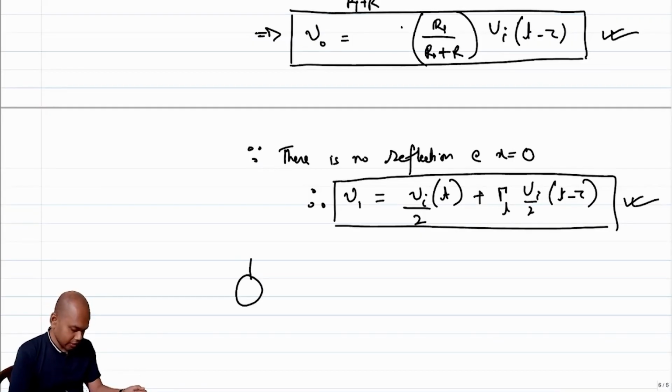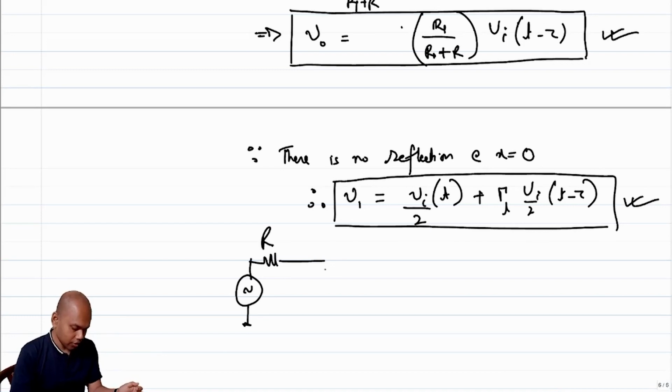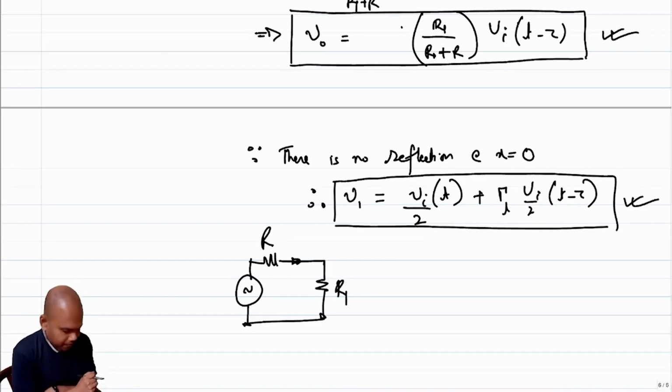The sanity check is, let's assume this is a line where the length of the transmission line is close to 0, right? It's a very minuscule transmission line. So if the length of the transmission line is close to 0, this circuit reduces to the classical resistive voltage divider with R and R1, right?